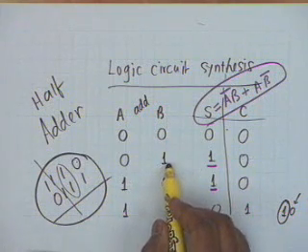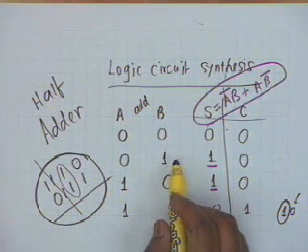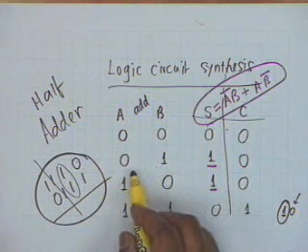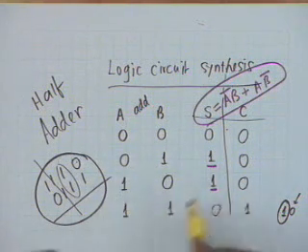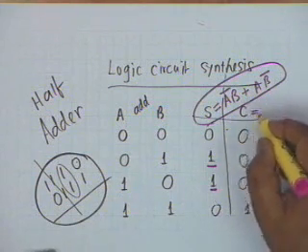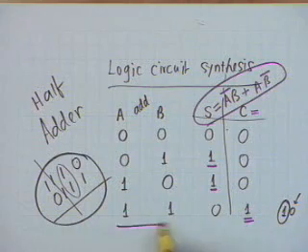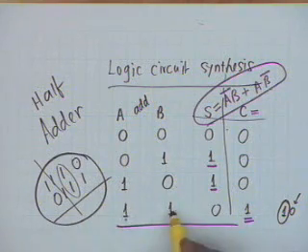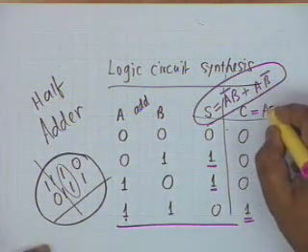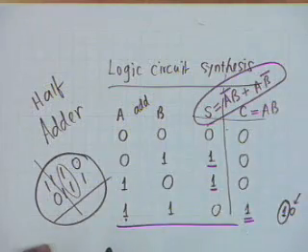Wherever the variable is 1, take the variable as it is. Wherever the variable is 0, take the variable in a complemented form. This is always true. For example, for writing C, we have only to consider this row, and in this row A and B both are 1, therefore C is simply equal to AB.